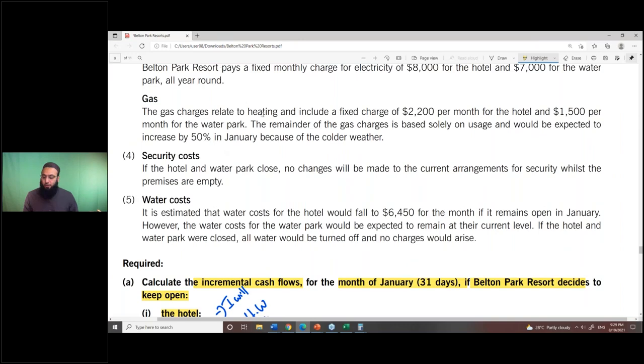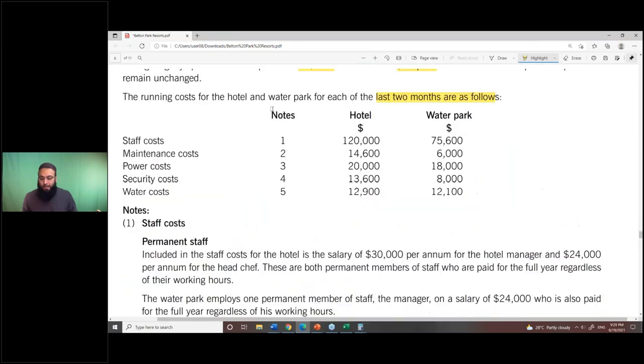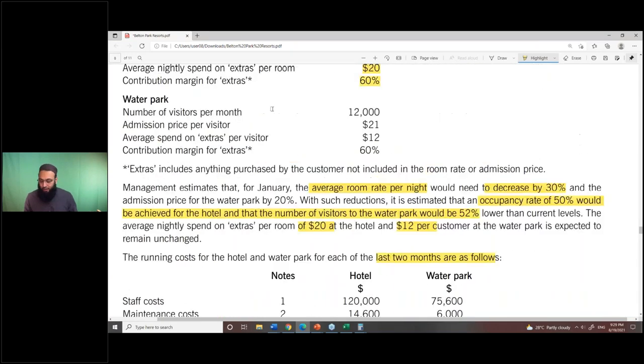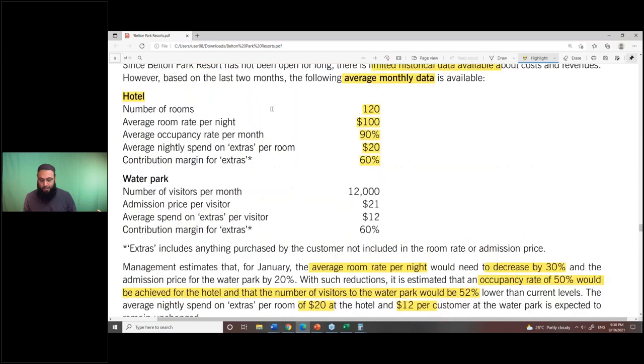Let's begin with the first one, and I'm doing my calculations for the hotel here. I want everybody to be really concentrating and understand what exactly we are supposed to do in this case. So let's begin with the calculations and see what options we have.